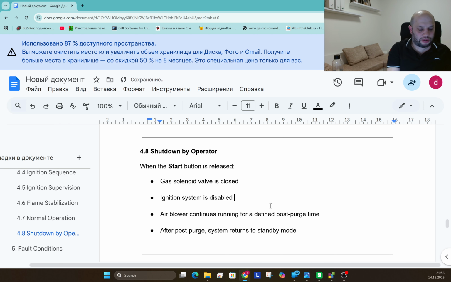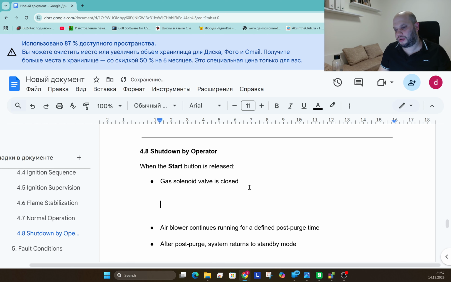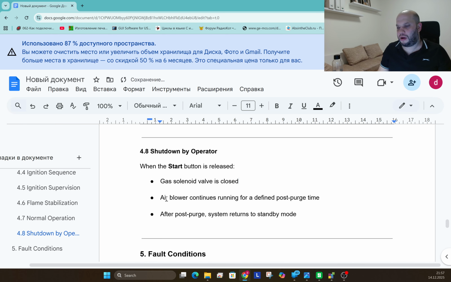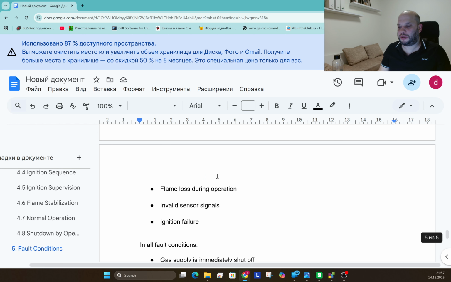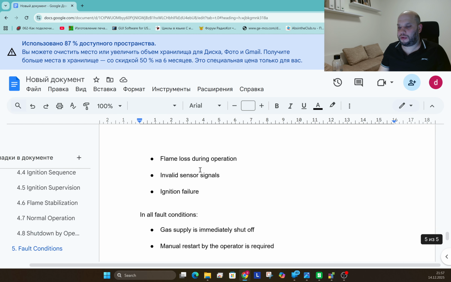But still we want to, let's take this out. Air blower continues running for a definite post-purge time. After post-purge, system returns to standby mode. Okay, this is good. Fault conditions.